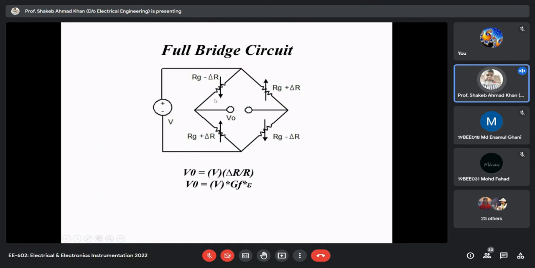So now if we are having strain gauges, in this case the situation is like this.